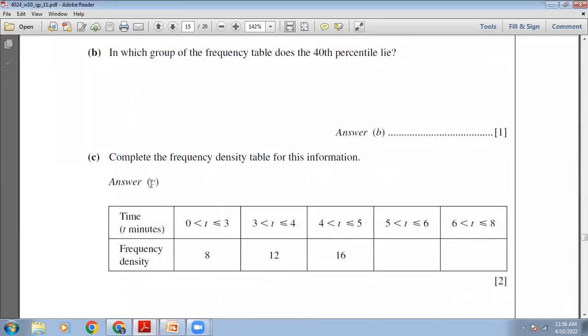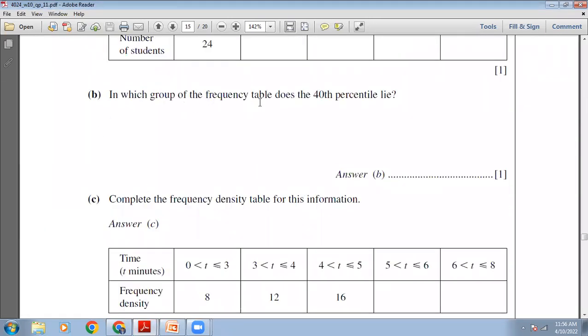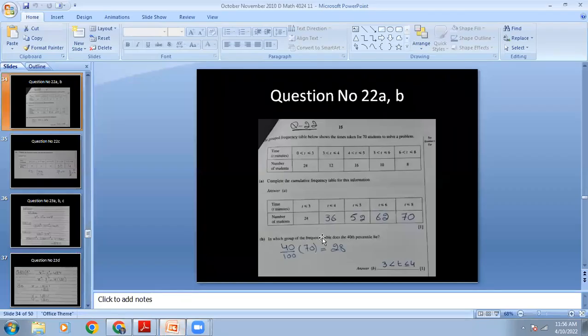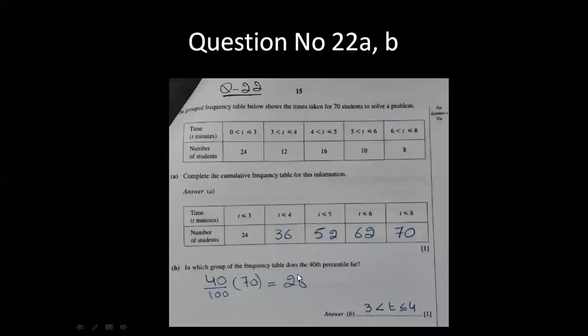Okay, the next question is, in which group of the frequency table does the 40th percentile lie? So that will be 40% of the total cumulative frequency, which will be 28. So I will check where the 28 lies.